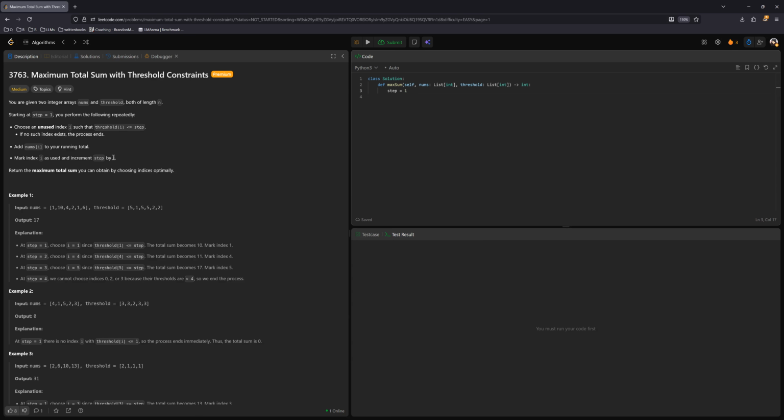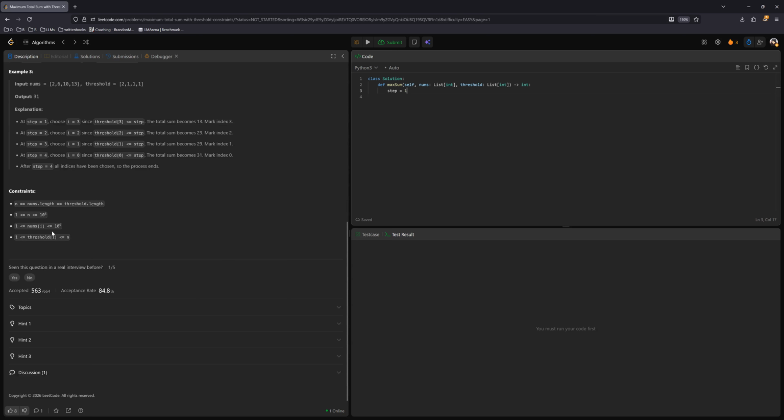So we don't choose which nums of I, it's just, oh, that's dumber than I thought. So threshold of I has to be lesser than or equal to step. I feel like I'm being dumb here. And let me guess, it goes up to 10 to the 5th.